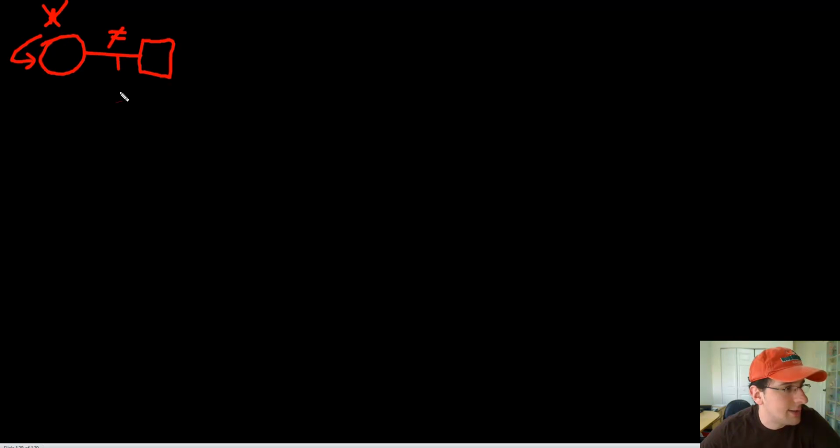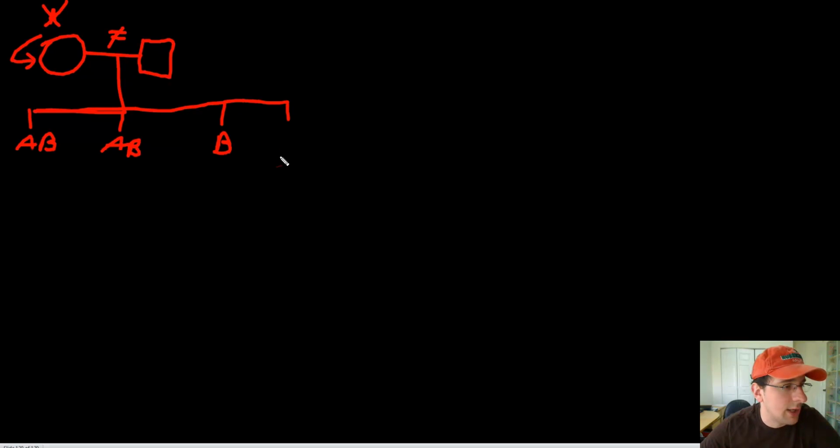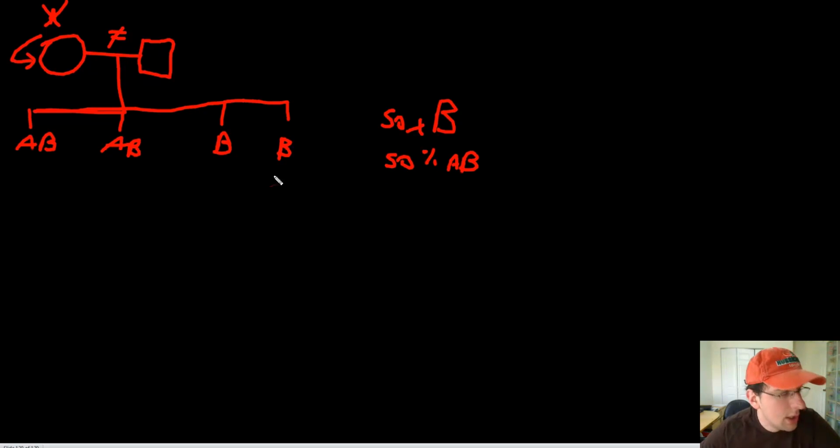And you know that they had several children, and that no matter how many children they had, they always got either AB or B-type. And it was actually in this ratio: 50% of the time they had the B-type, and 50% of the time they had the AB-type. And this was after several children, so you can be sure that those were the only two types in that ratio.